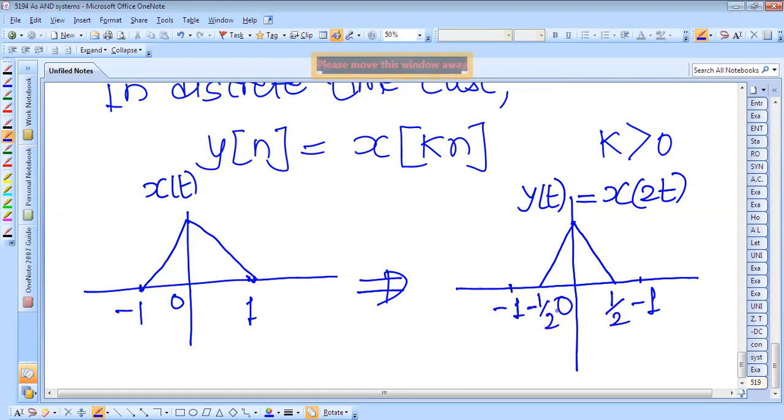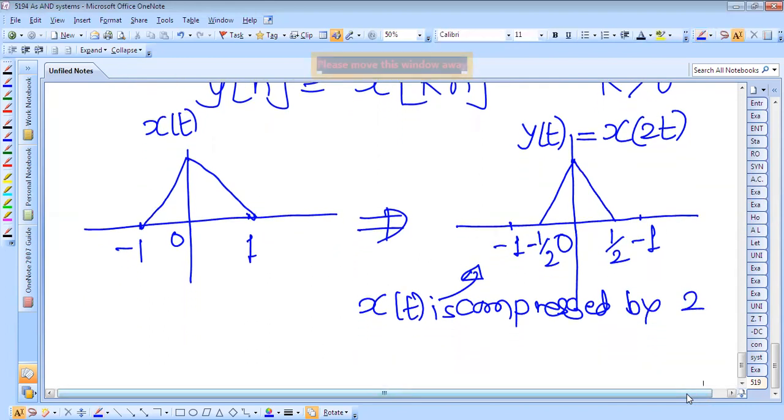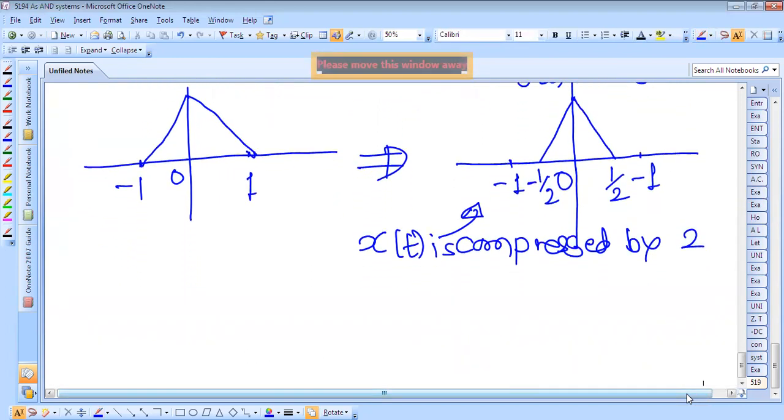This is the compressed version of the continuous time signal x of t. Here x of t is compressed by a factor of 2.